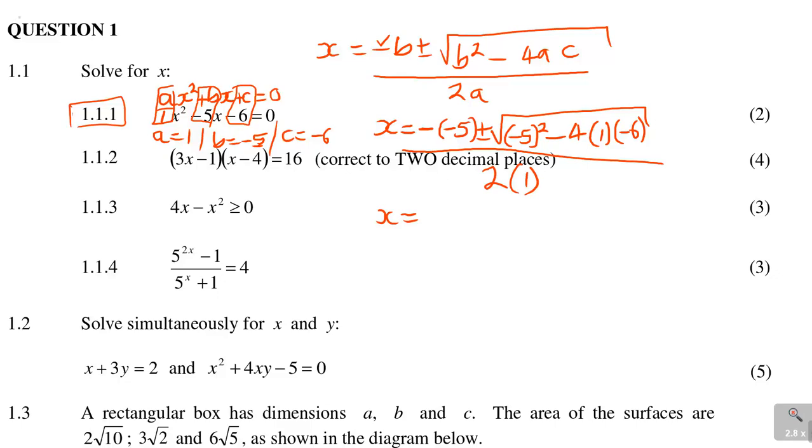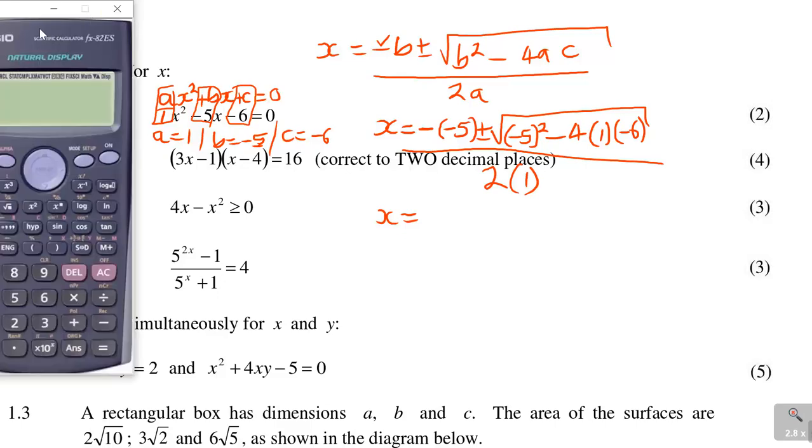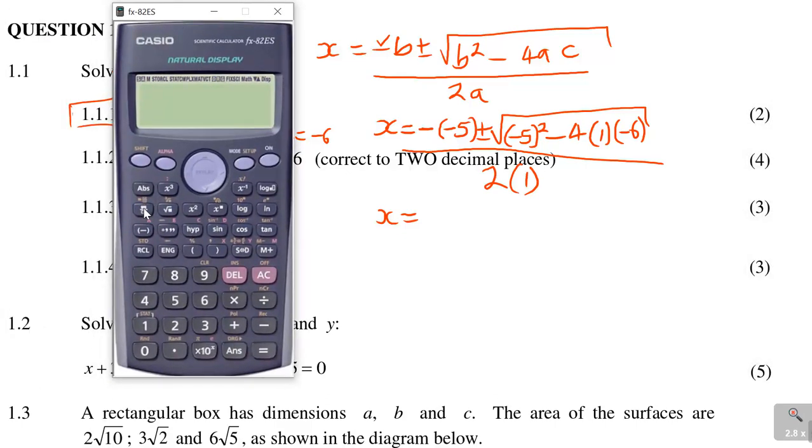And after that, you just have to punch that, which is minus bracket -5, close the bracket, plus square root of bracket -5 squared, minus 4 bracket 1 bracket -6. See that? Then over 2 bracket 1. So you got that. Then you get your answer.